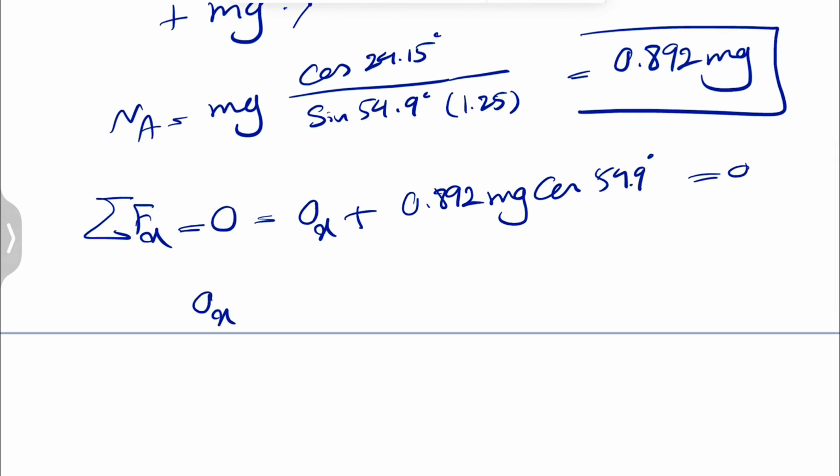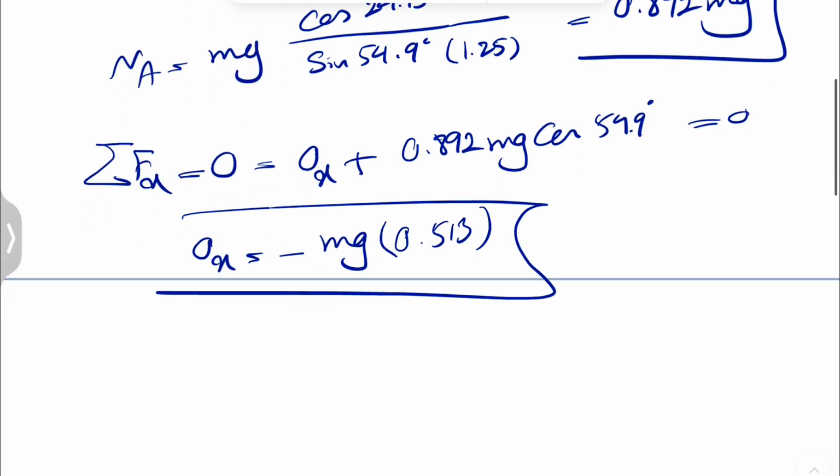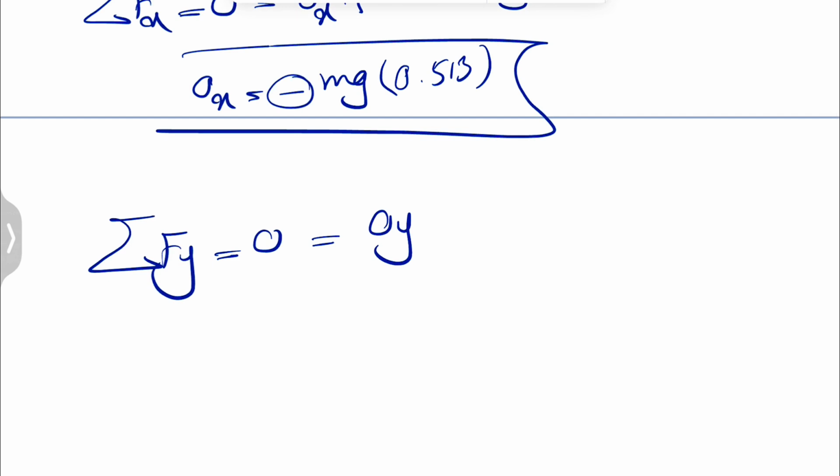So we can find OX in here, negative mg times cosine of 54.9, so 0.513. That's going to be OX. By the way, the negative sign in here shows that the OX that we assumed at the beginning to be to the right is actually to the left.